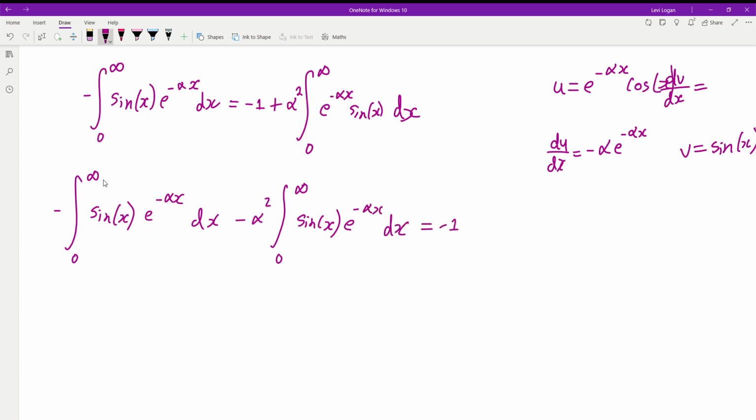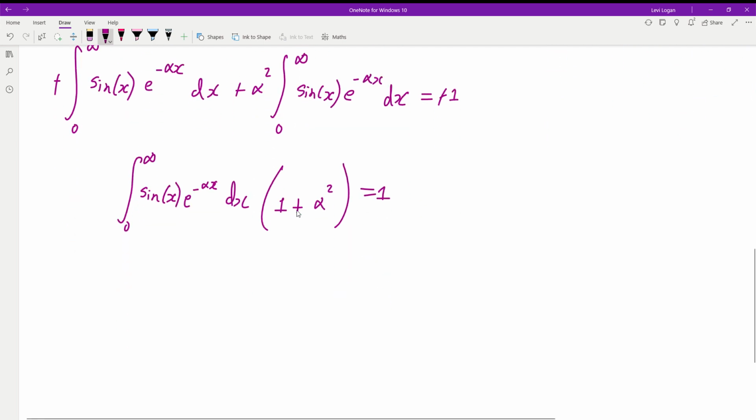Now you can see there's negative 1 here, negative 1 here, negative 1 here, so that can cancel, that can cancel, that can cancel, so they all turn to pluses. And you can see we've got sine x e to the negative alpha x here, and we also got the same thing here, so we can take out a factor of this integral. If we take out a factor of this integral, what we're left with is that multiplied by 1 plus alpha squared is equal to positive 1.